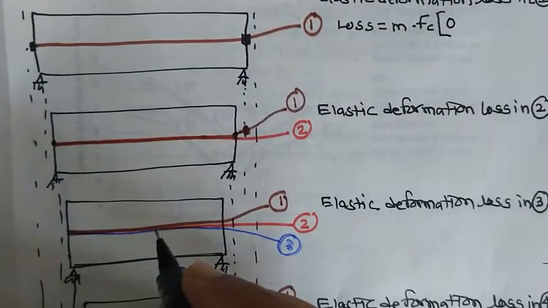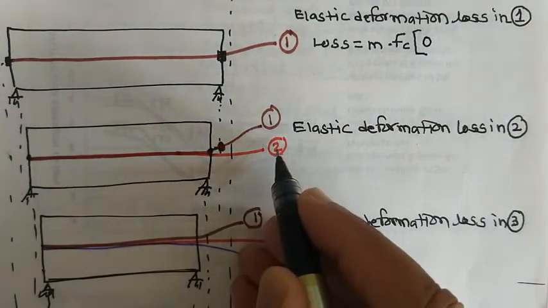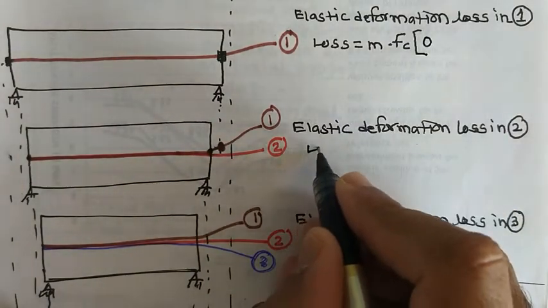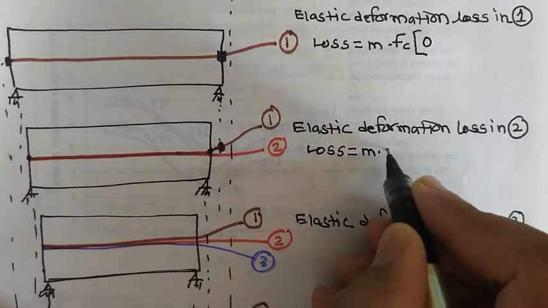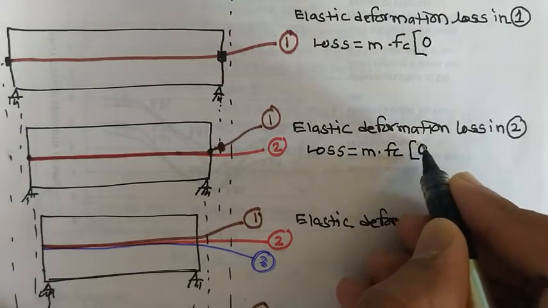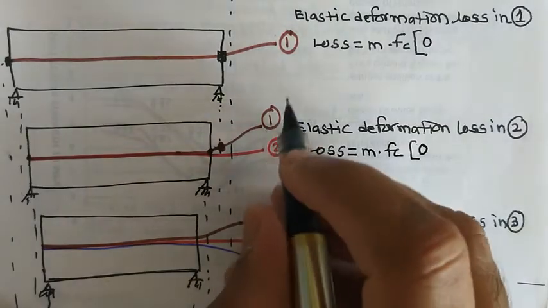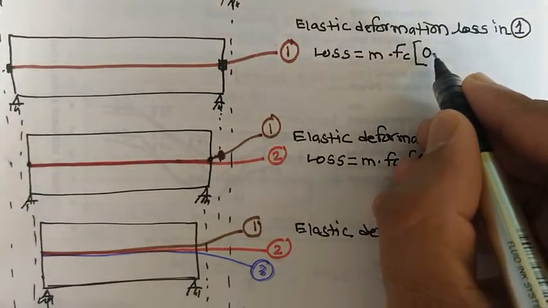Next, when you are stretching the second wire, the elastic deformation loss in the second wire is 0, but the first wire is subjected to the elastic deformation loss.